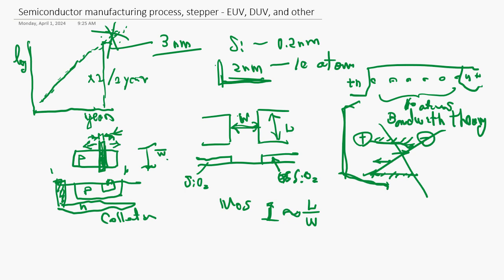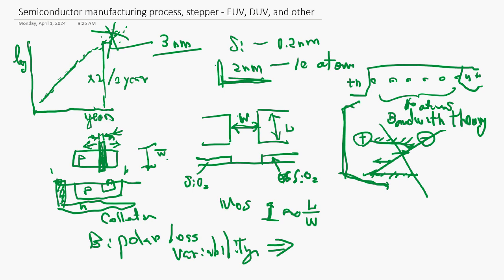So the bipolar is more accurate as far as transistor characteristics, with less variability. That means you can make better analog circuits.